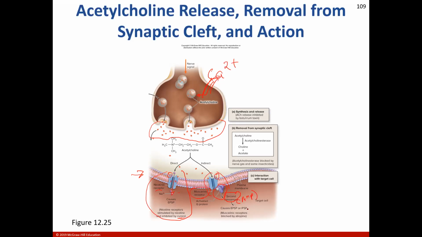So atropine is another chemical, like curare, that stops depolarization. I believe they use that when they dilate your pupils at the eye doctor, because it relaxes your iris muscles, so they can look in and see your retina with the ophthalmoscope. So atropine and curare basically block acetylcholine receptors.